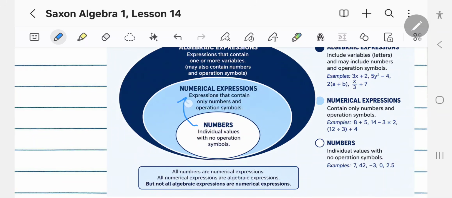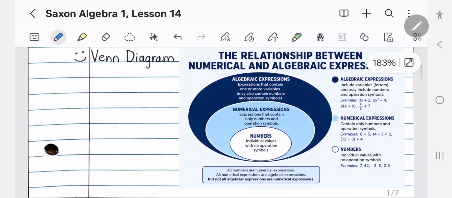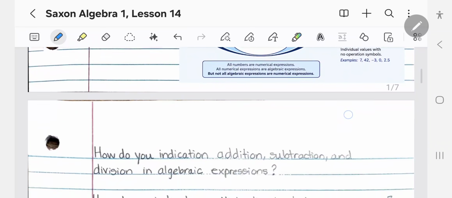Because numbers are inside the set of numerical expressions. All numerical expressions are algebraic expressions because it's inside, but not all algebraic expressions are numerical expressions, just like we've talked about before. So it's a pretty good summary here if you want to take a little screenshot and include it in your notes. That may be helpful, and we'll refer back to it.